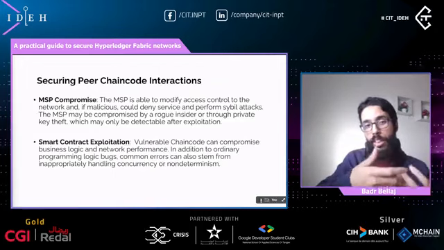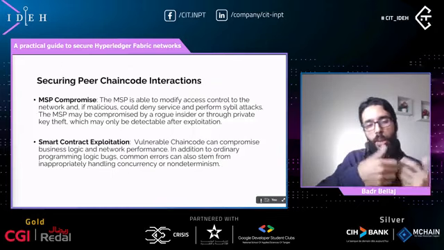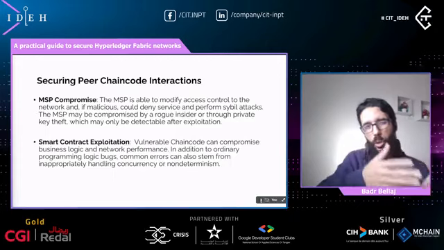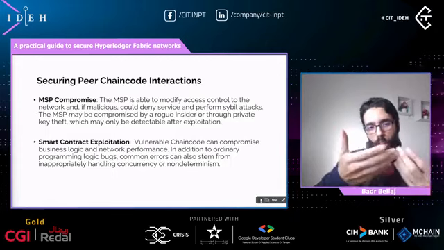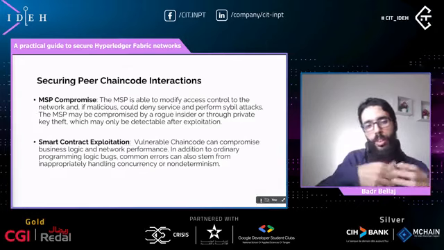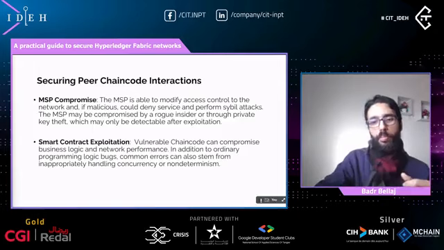Also, we can assess the chaincode or smart contracts using analysis tools like the Hyperledger Fabric chaincode analyzer, and there are many tools that can help you assess the security of your chaincode.